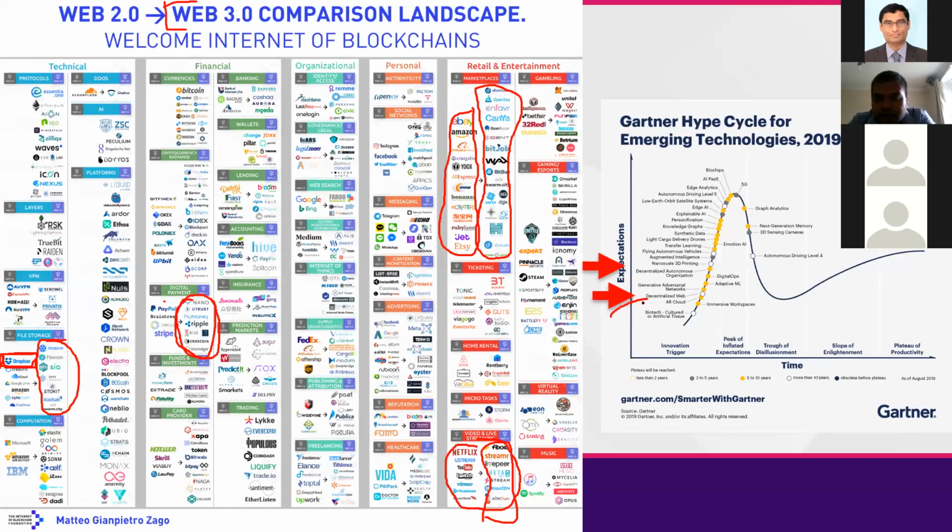And they put that the circle means it will take 10 years. In 10 years time, these are the things we will see. We won't see Web 2.0. We won't see Facebook. We won't see any of the web things that we see today. Everything will be replaced by Web 3.0. So I suggest you keep an eye on Web 3.0, the blockchain-based applications.